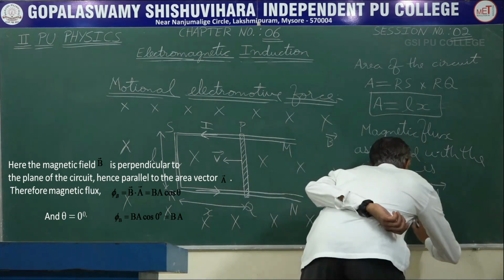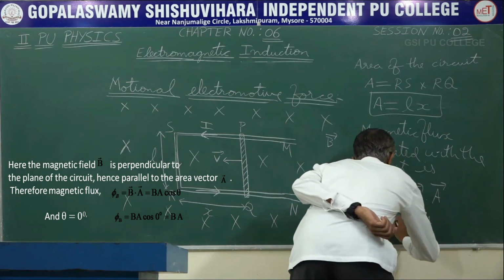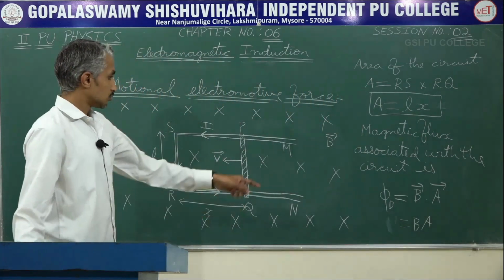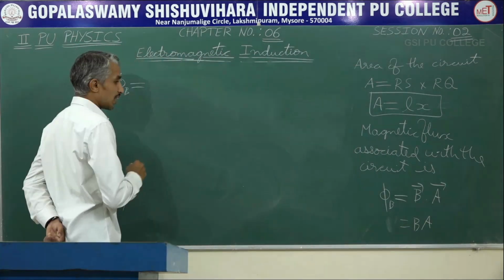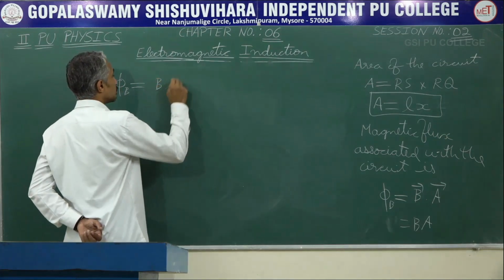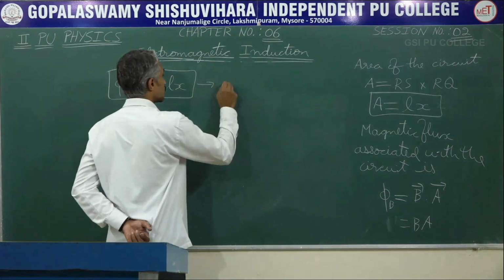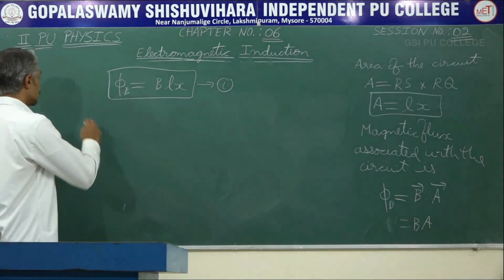Here we get B into A. So the magnetic flux is going to be B L x. Take this as equation 1.